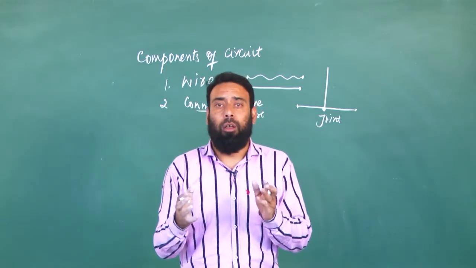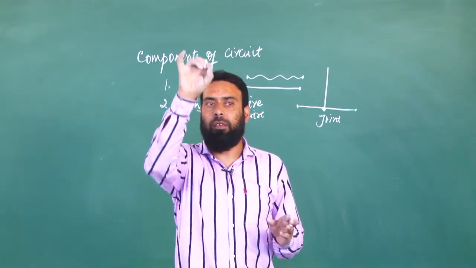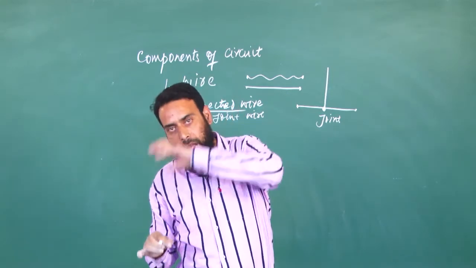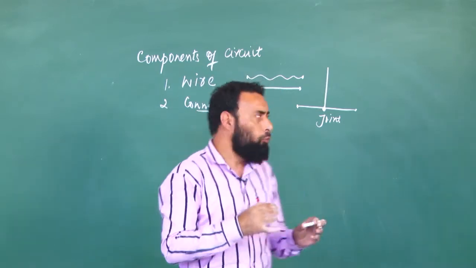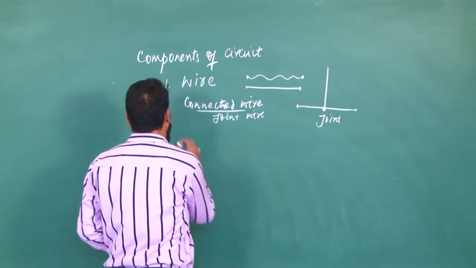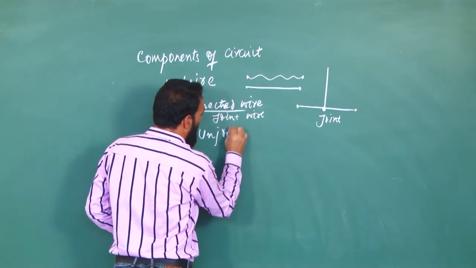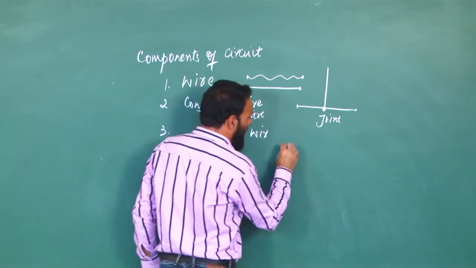Now there are sometimes chances that one wire is moving above another wire, but they are not joined together. How can we show that? Those are called unjoined wires. The unjoined wires are represented like this.